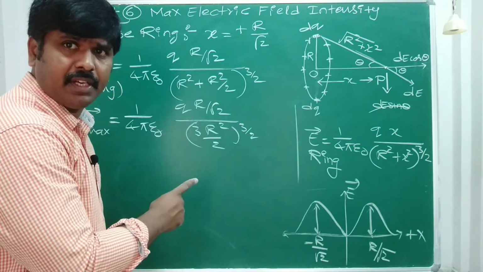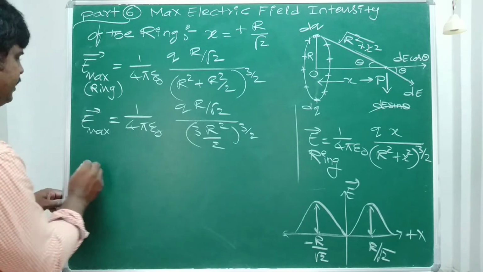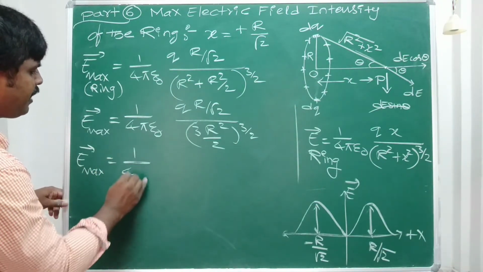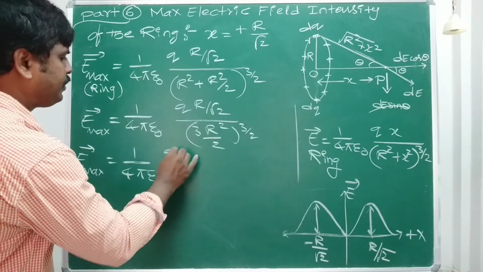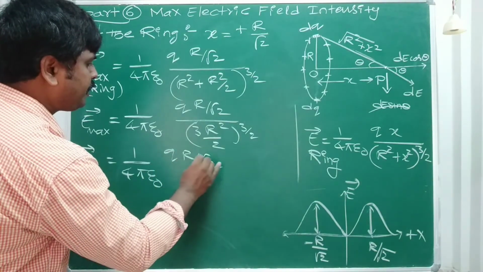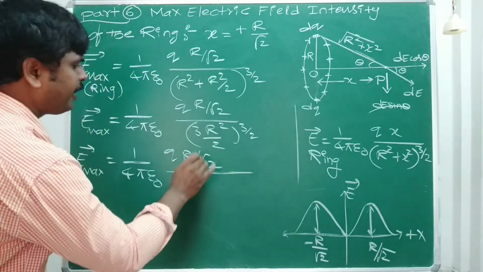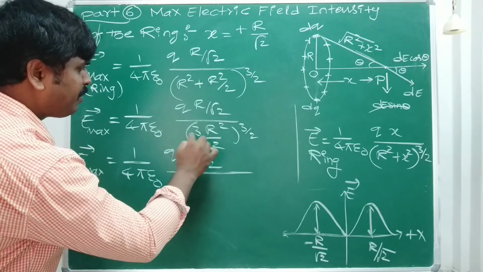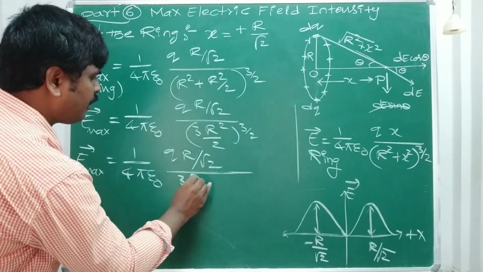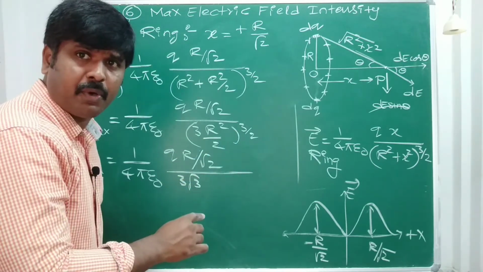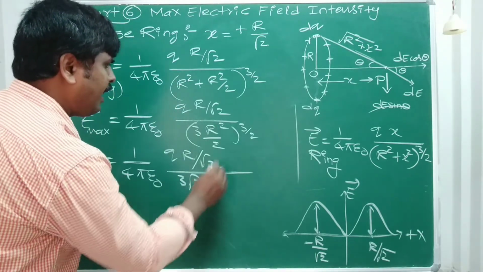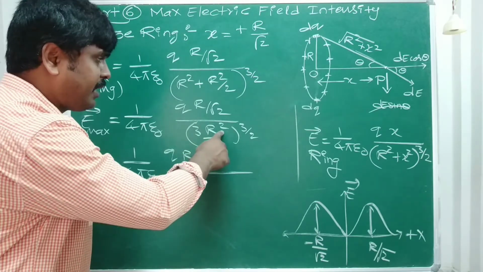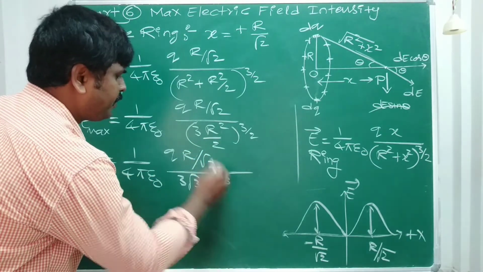Try to understand the derivation. E maximum is equal to 1 by 4 pi epsilon naught q into r by root 2, whole divided by, this value is 3 root 3, that is 3 to the power of 3 by 2, and the square root of r square gets cancelled, that is r cube.